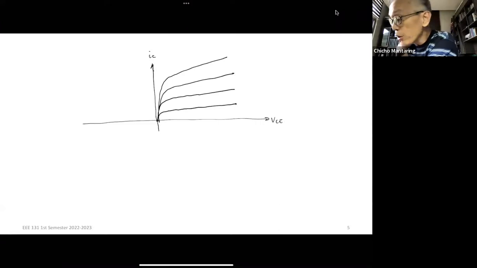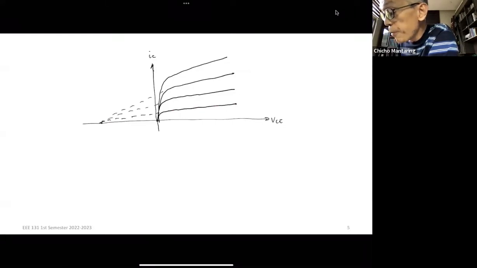If I try to extend the active region toward the negative VCE axis, so let me do that, they will all appear to converge at one point.